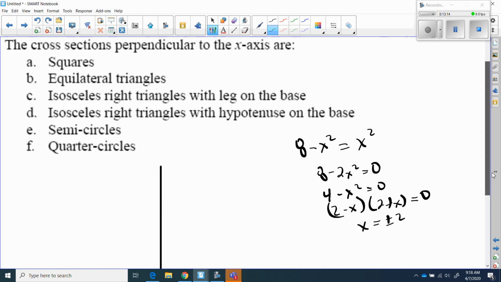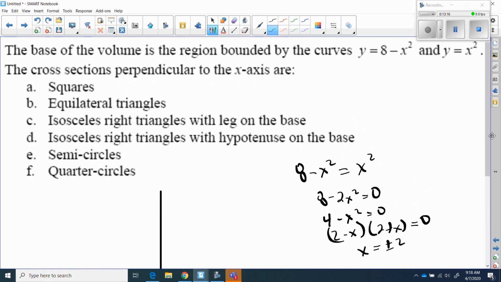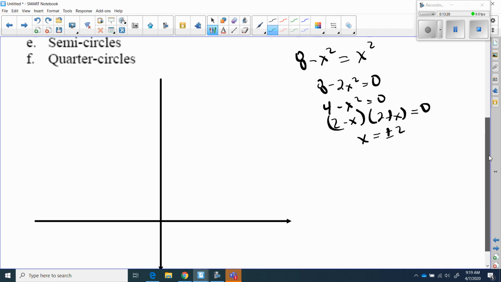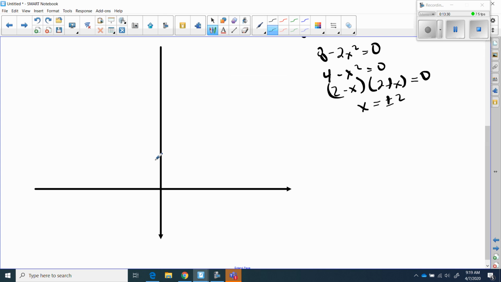All right, so if I go to my graph, we should know that this is a parabola opening down, and the vertex has moved up to 8. This is just your standard parabola with its vertex at the origin, opening up. So let's draw what we think this base looks like. I've got 0, 0. If x is 2, I'm going to need 2 comma 4. Let's put 8 up here. 4 would be here somewhere.